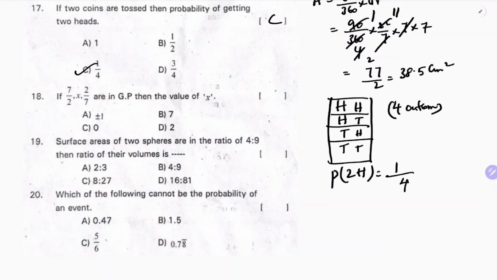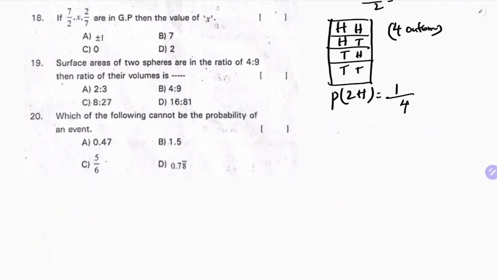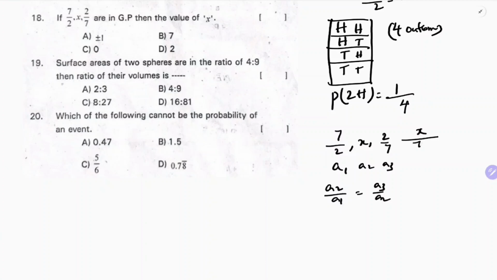Next one. If 7 by 2, x, 2 by 7 are in GP. So A1, A2, A3. So A2 by A1 equals A3 by A2. If we simplify in this way, now we substitute the values. A2 is x divided by 7 by 2, that equals A3, 2 by 7, divided by x.